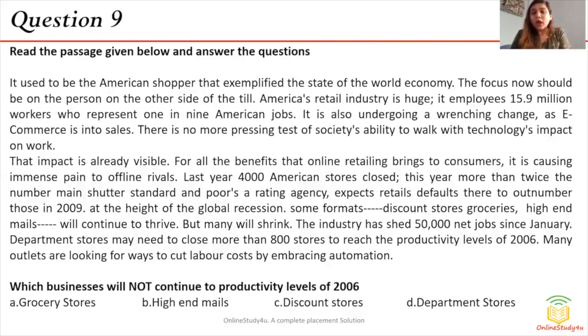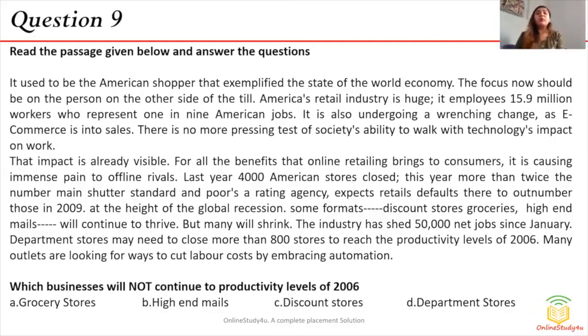Some formats, discount stores, groceries, high-end meals will continue to thrive, but many will shrink. The industry has shed 50,000 net jobs since January. Department stores may need to close more than 800 stores to reach the productivity levels of 2006. Many outlets are looking for ways to cut labor costs by embracing automation, right?